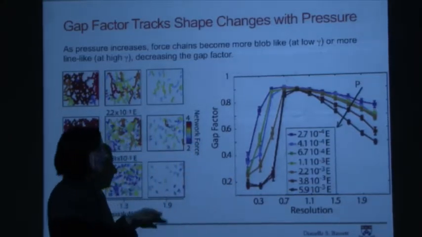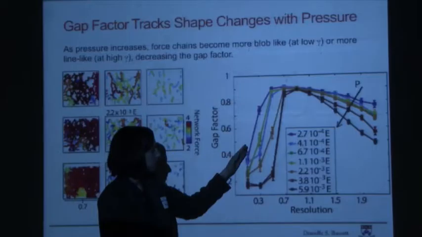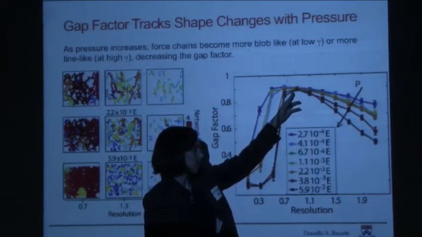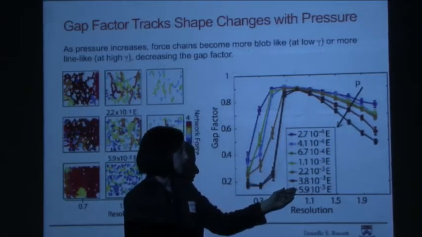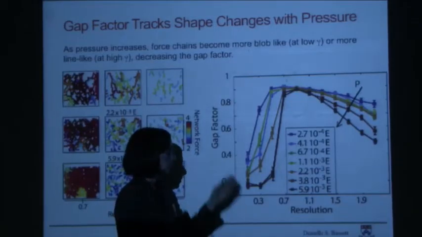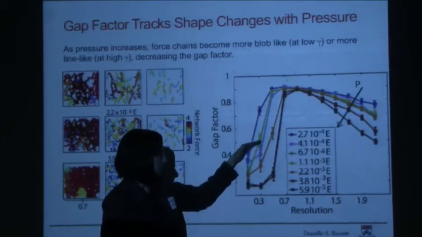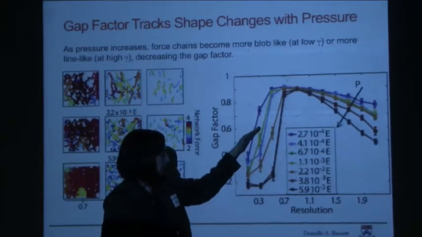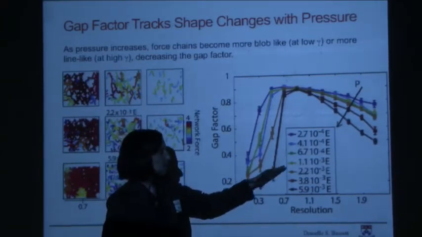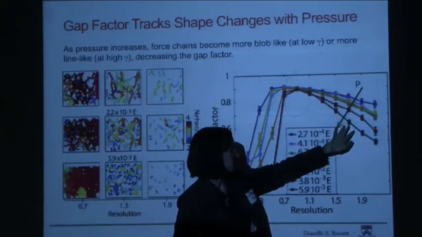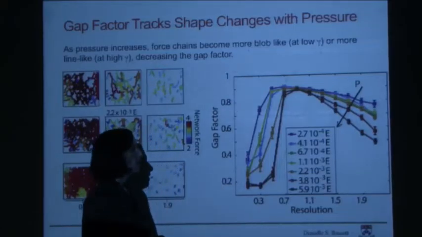And what I want to point out is that, independent of this maximum, which we can identify at any pressure, and therefore we can identify which resolution is important at any pressure, we can also see this function on the side where the gap factor decreases at higher pressures. We can see that both there and on the right-hand side, so the left and right-hand side of the plot.